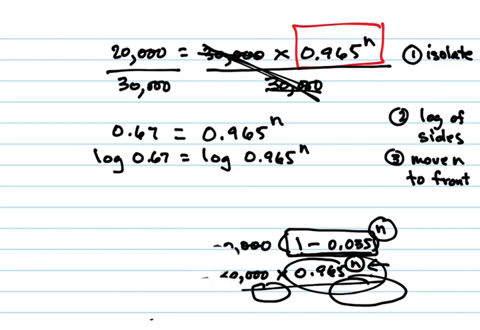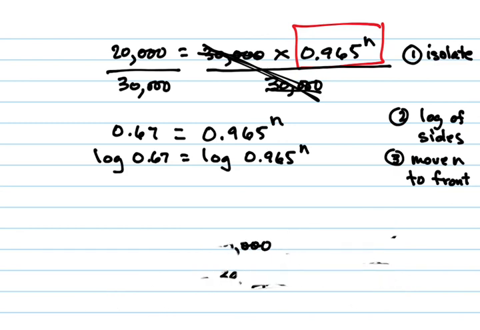Again, you don't have to worry about why that's true. You just have to be able to do it. Now, you could here just start plugging in numbers until you get this side to look like that side. Get it as close as you can. That's the trial and error bit. But it's a lot easier just to use your calculator and the logarithms if you remember how to make that work, okay?